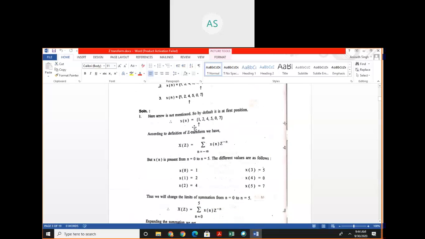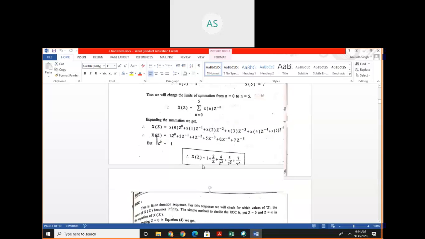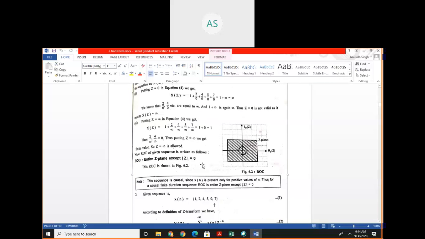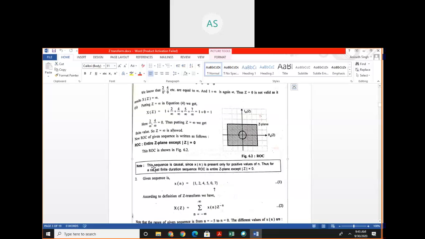So we see that sequence is causal because it is right-handed. This exists only for positive values of n. So it is a right-handed causal system. The sequence is causal since x of n is present only for positive value of n.